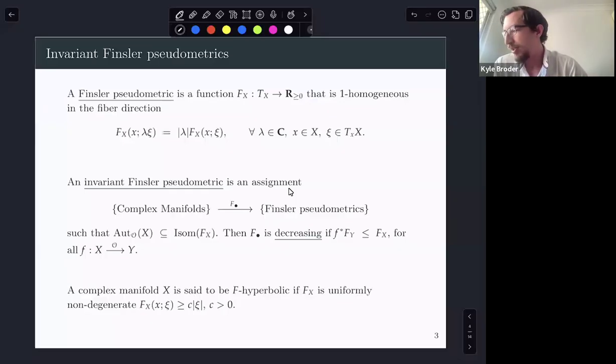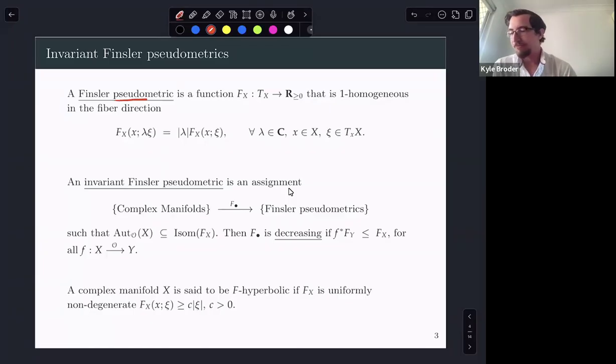So I want to talk about these extensions of the Poincaré metric. To do that, I need to make sense of what I'm going to consider to be a Finsler metric. With about 100 years of development, it turns out the right framework is something a little more general, called a Finsler pseudometric. Finsler metrics are not fully standardized in terms of terminology in the literature, and this is what I'm going to mean.